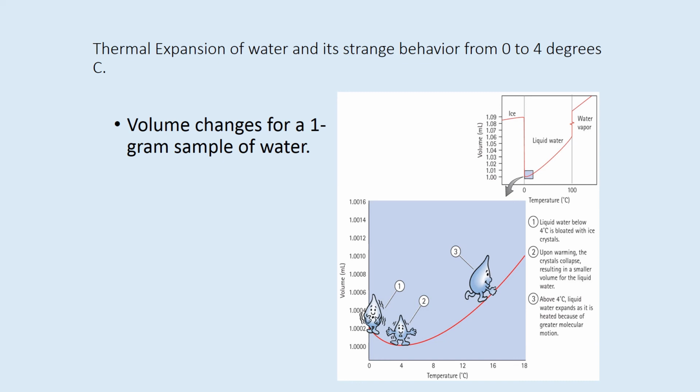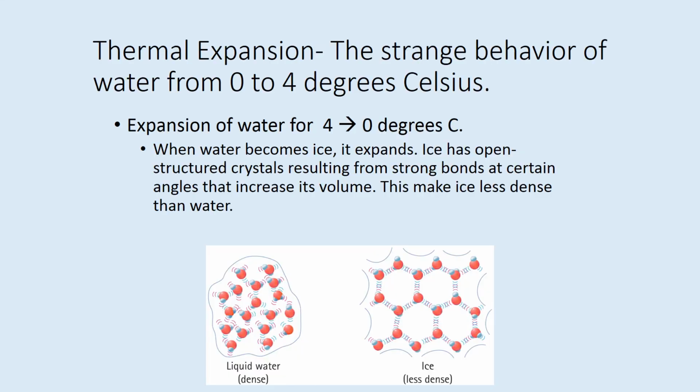They have this unusual property that the volume expands just before it freezes, and then when it freezes, it has this lower density, which causes it to float on the surface of water. So the expansion of water as it's cooled from 4 degrees to 0 degrees Celsius can be explained from its molecular structure.